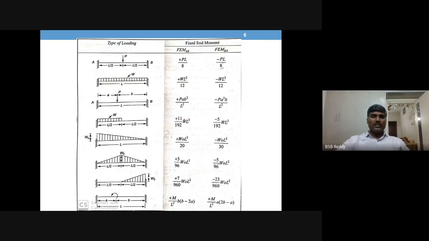Right. So these are some of the fixed end moments that are required for you to proceed with the analysis of structures. This list of fixed end moments, we even had when you were in SA1, structural analysis one, when we were teaching.